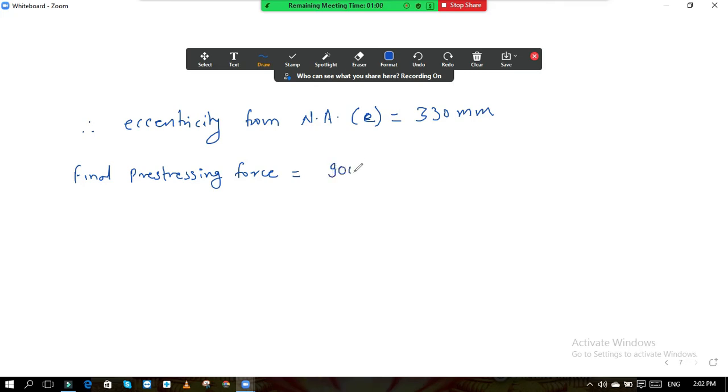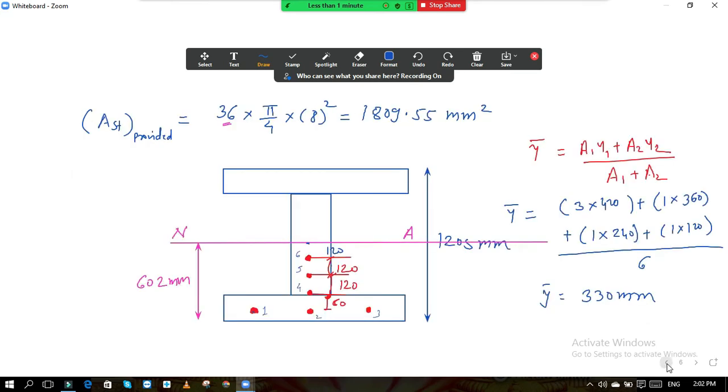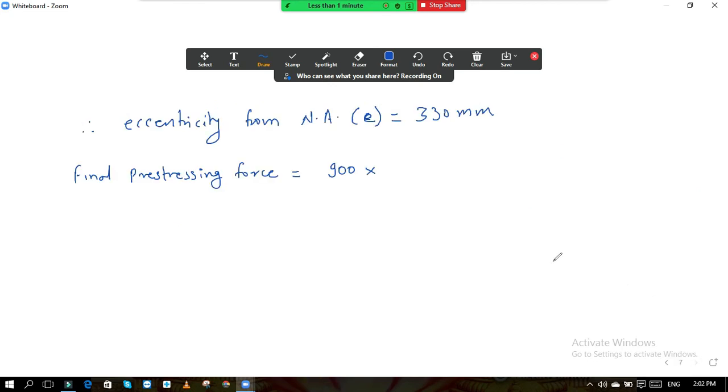It is 900. Stress in steel into the area of reinforcement. What area have we provided? 1809.55, which is equal to, this 900 is stress and this is area. Stress into area is the force.